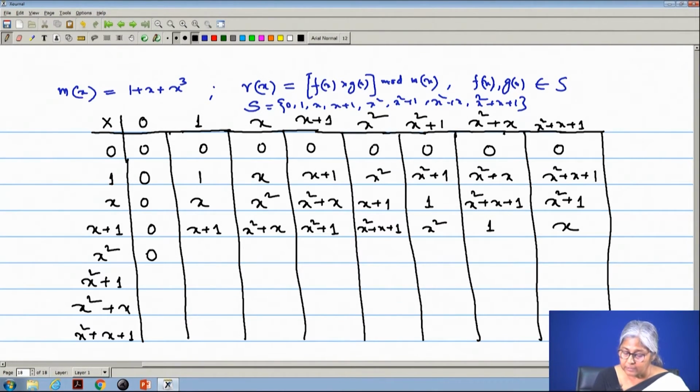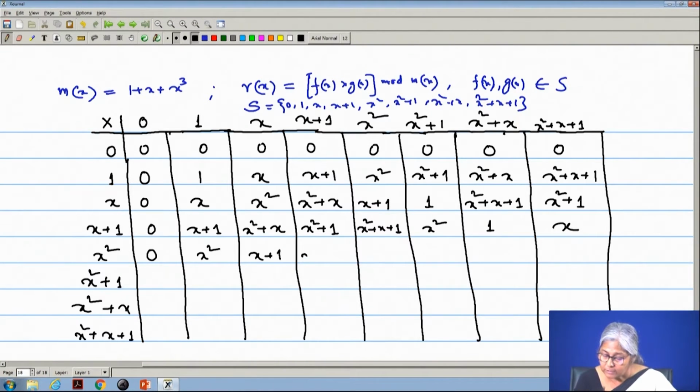Similarly, we can do x square into 1 is x square, this is x cube. So, divided by this becomes x plus 1, again x plus 1 into x square. So, x cube plus x square, x cube plus x square, I can do the divided by this.